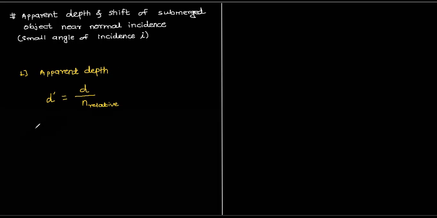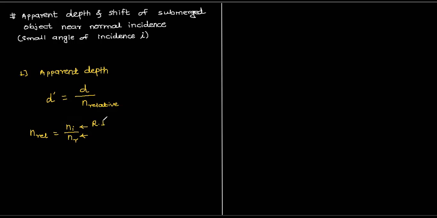So n relative is what here? Here n relative is equal to ni divided by nr. Ni is what and nr is what? So ni is refractive index of medium of incidence. Medium of incidence.